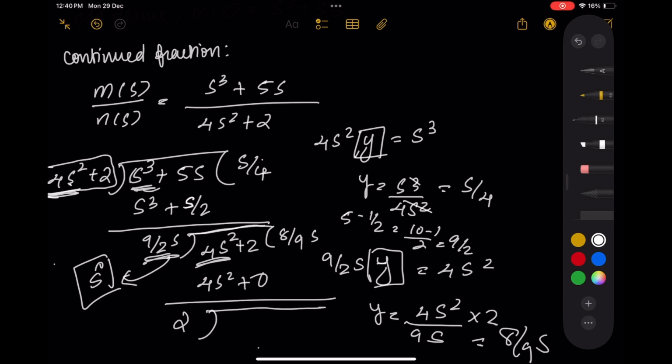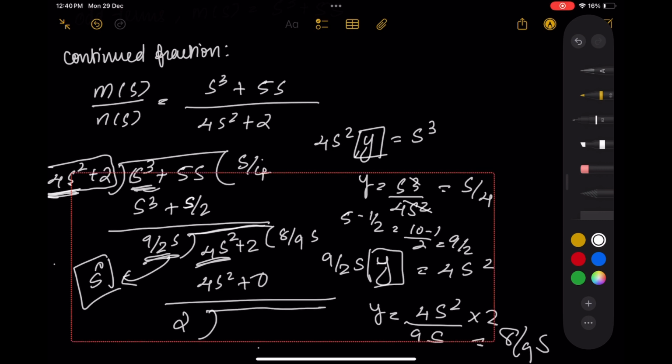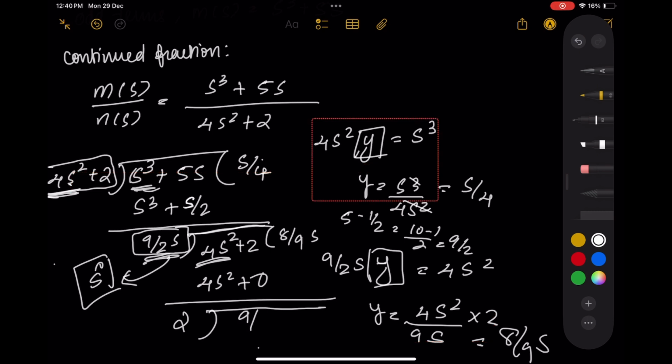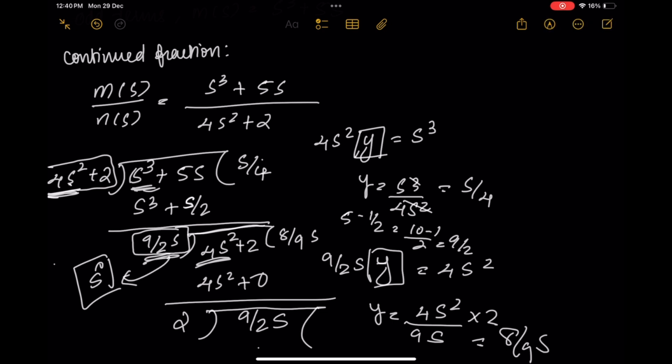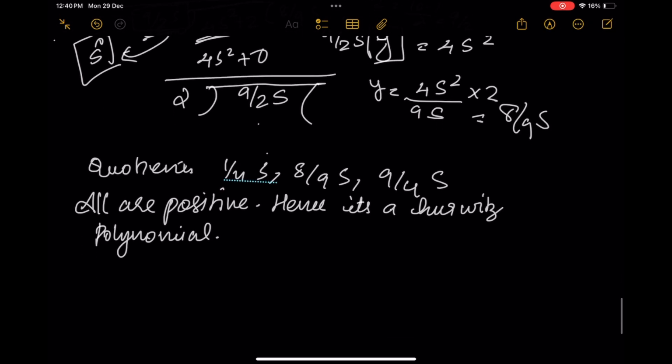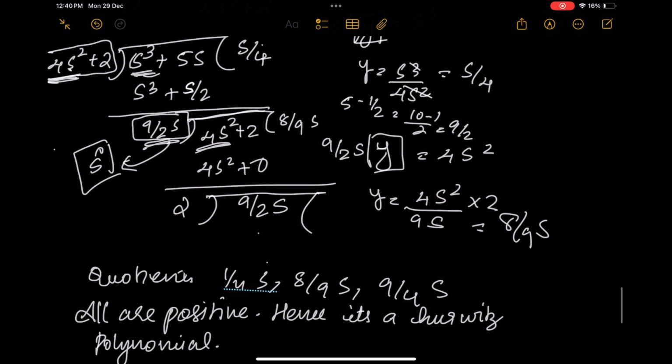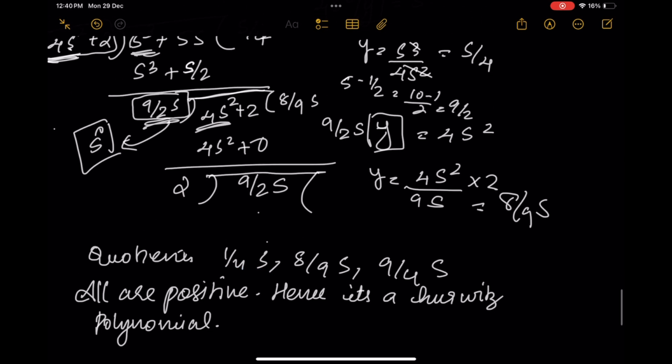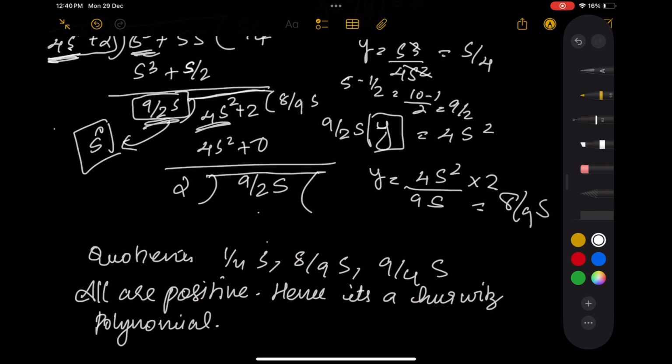Then I'm taking inside the remainder from the previous division, that is 9 by 2s, and I'm going to divide it. How can we divide it? It's basically very simple.